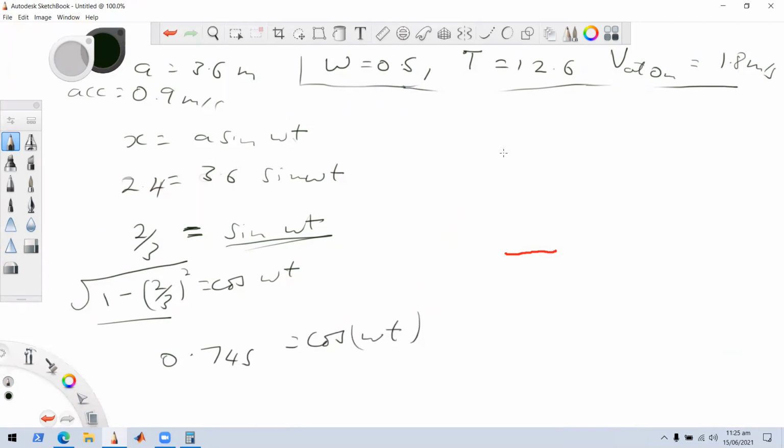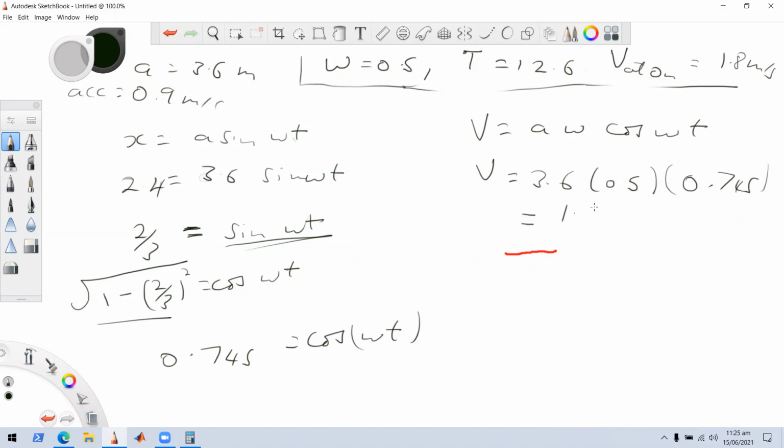Then you bring back that velocity formula, V equals A omega cosine omega t. This is V at a particular point. Here it is going to be 3.6 still times 0.5, times 0.745, which is the value we just found. Before, we just replaced that with 1.